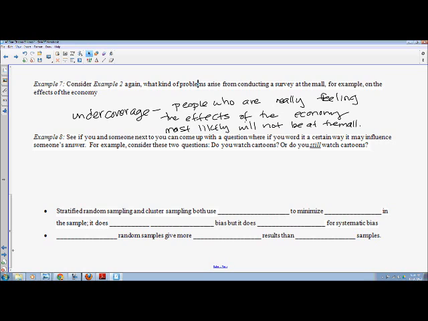Okay, so moving on, stratified random sampling and cluster sampling both use chance to minimize bias in the sample.